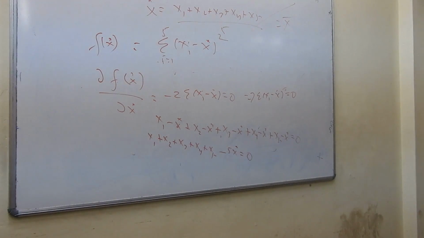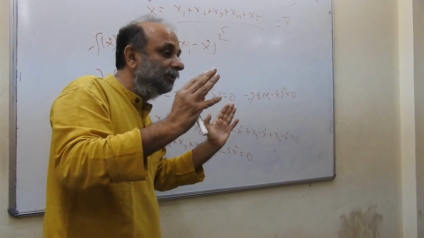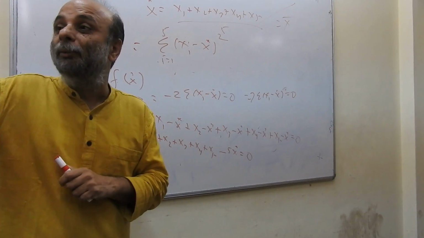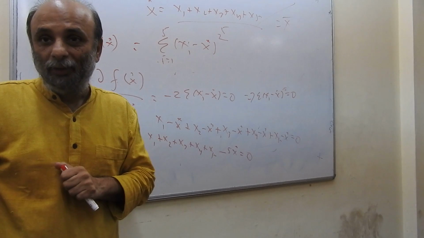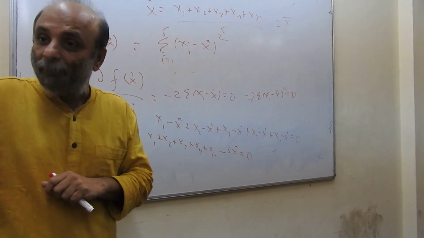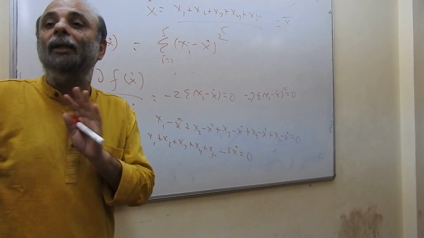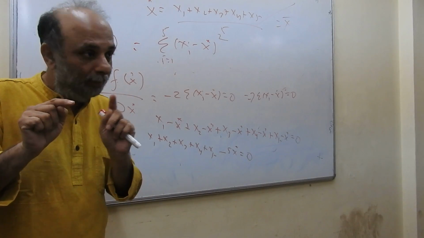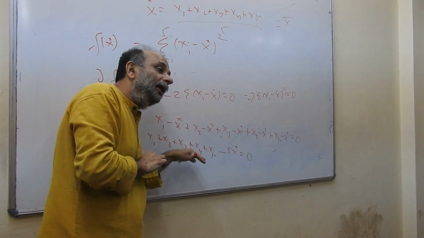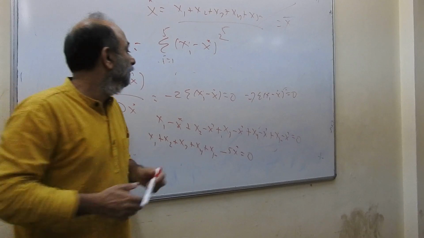If I had used the absolute value as a distance, then x star would have turned out to be the median of the distribution, but currently we are thinking of squares. So therefore x star is the arithmetic mean.